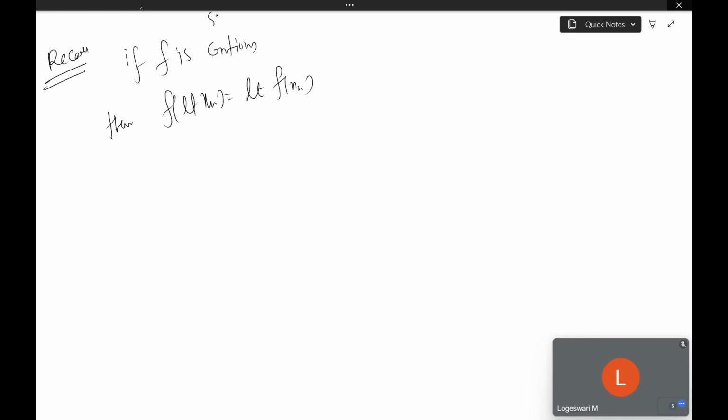Okay. So using this, there is a problem. Suppose f is a real valued function.